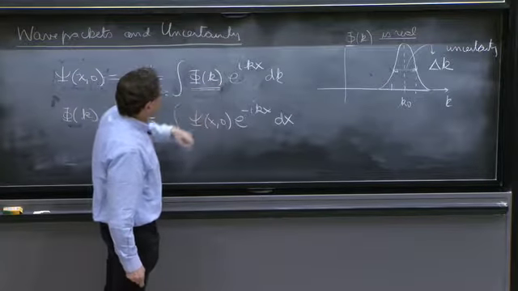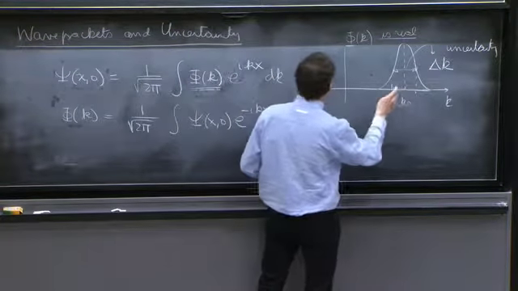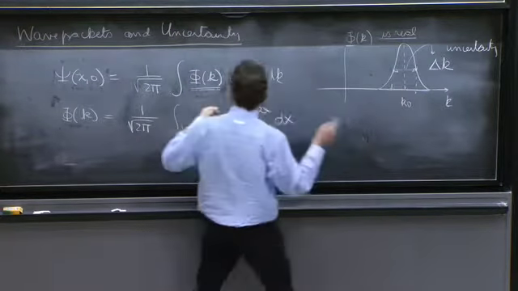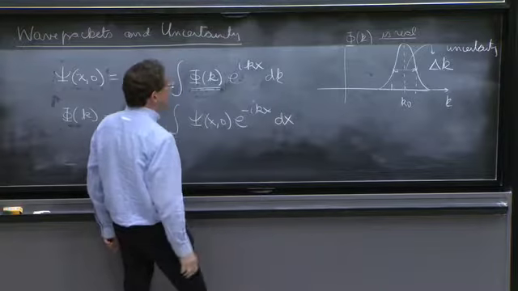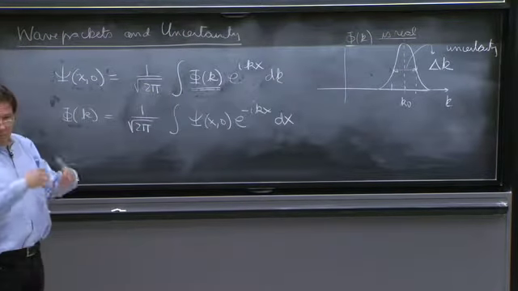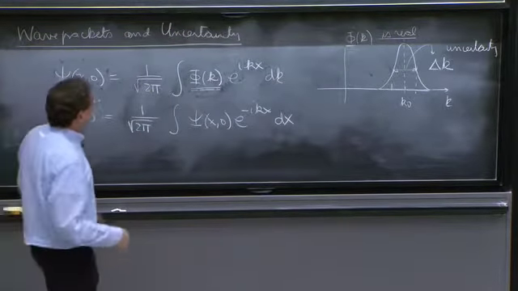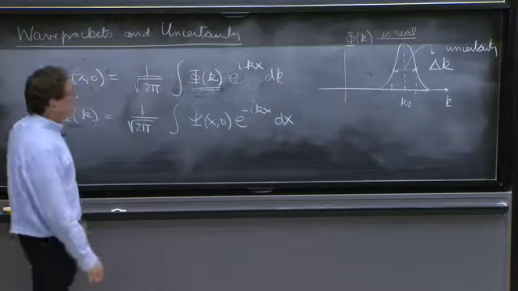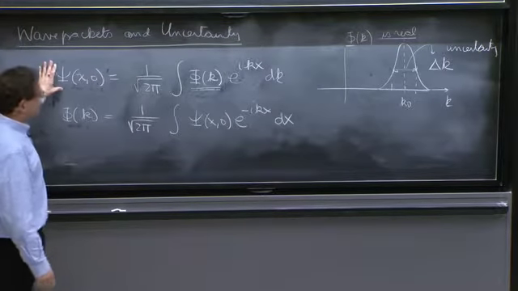The only contribution to the integral is basically around k naught, so in order to get something, you must have a stationary phase. And the phase must be stationary as a function of k, because you're integrating over k. And the phase is kx. The derivative with respect to k of the phase is just x. And that must vanish, therefore. So you expect this to be peaked around x equals 0.